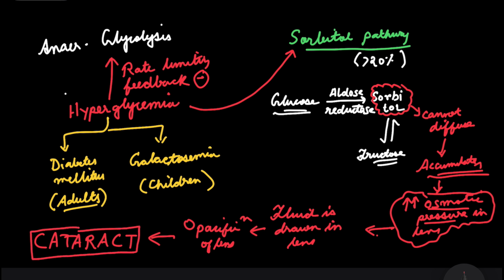Okay? So that is why knowing the pathway and knowing the applied aspect of the pathway is so important. I hope I was able to convey to you this entire pathway and the applied aspect of this. This is more or less the metabolism of lens, and the applied aspect of the metabolism of lens.